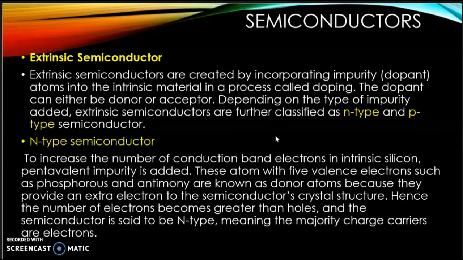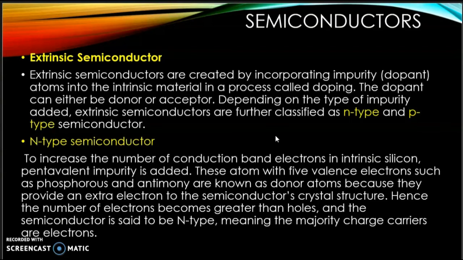What do I mean by N-type and P-type semiconductors? For N-type semiconductors, we add a pentavalent impurity. What do I mean by pentavalent impurity? When an impurity or an element is pentavalent, that means it has 5 electrons on the valence orbital.